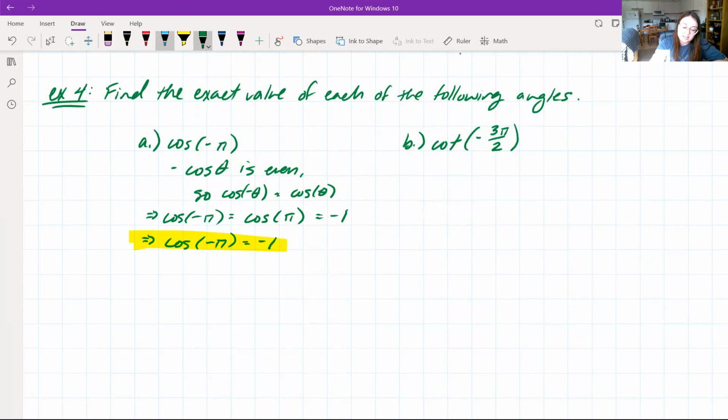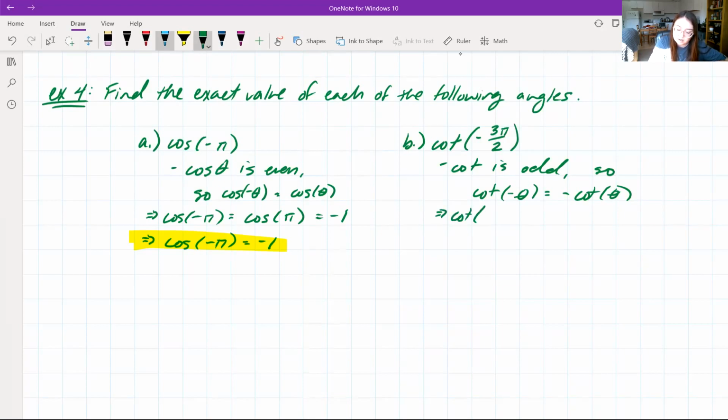So really for these problems, you're just determining if the equation is even or odd, and then going ahead and fixing it. So for cotangent, it is odd. So cotangent of negative theta is equal to negative cotangent of theta. So we see that cotangent of negative 3 pi over 2 is going to be equal to negative cotangent of 3 pi over 2.